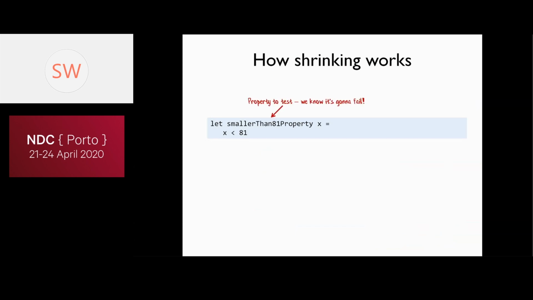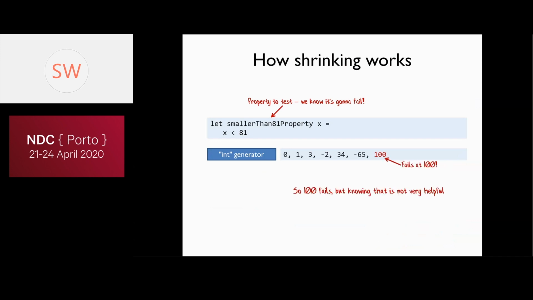So let's see what we can do here. We know this is going to fail. QuickCheck will generate a whole bunch of random integers, and it gets up to 100. All the other ones pass, and when it gets to 100, it fails. Now, rather than just saying it failed with 100, we're going to start again and see if we can narrow it down. What we do is generate numbers smaller than 100, which is why it's called shrinking.